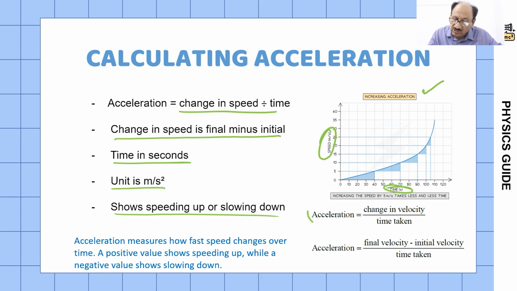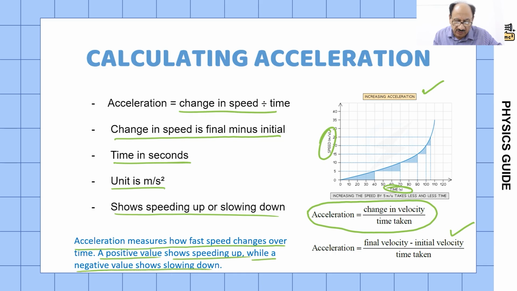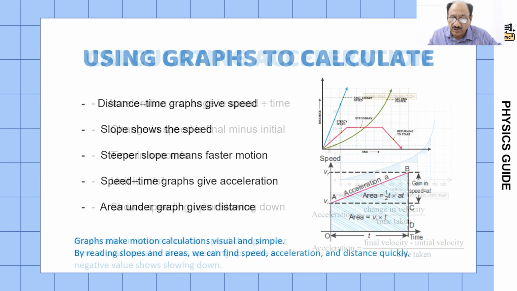We are using this formula for acceleration, which is change in velocity over time, or we can rewrite it as final velocity minus initial velocity divided by the time taken for that journey. So acceleration measures how fast speed changes over time. A positive value shows speeding up, while a negative value shows slowing down also.